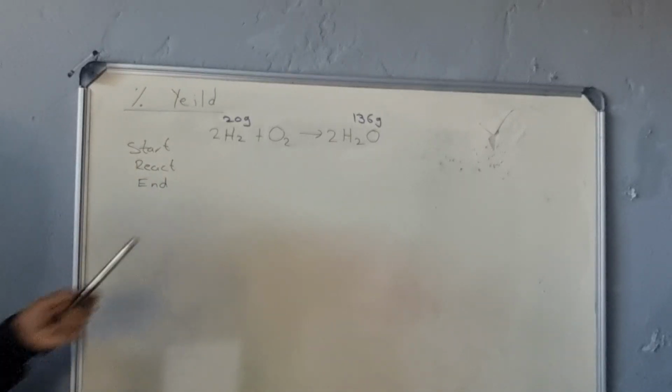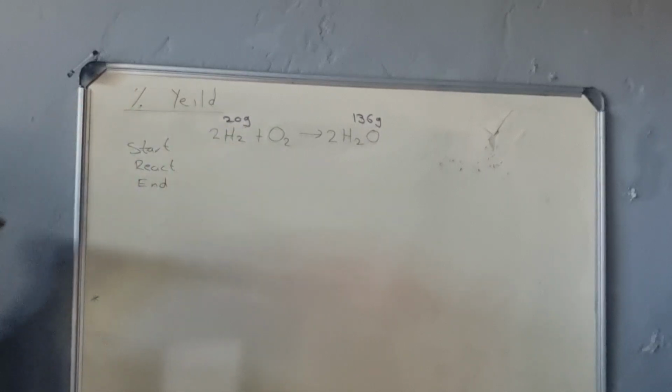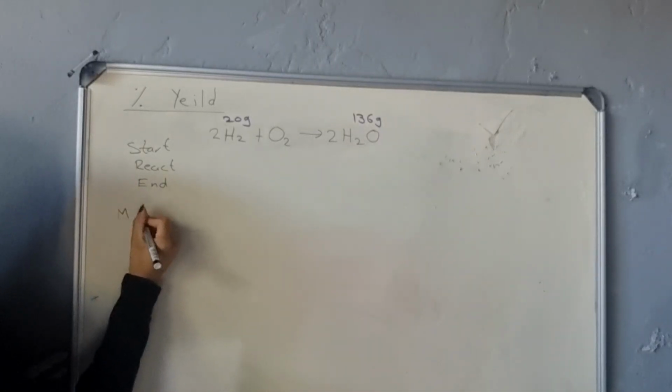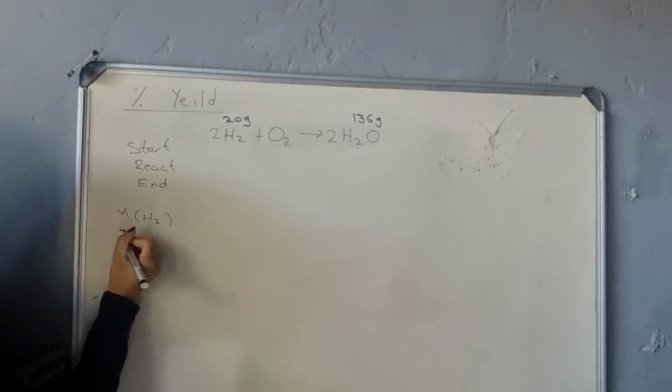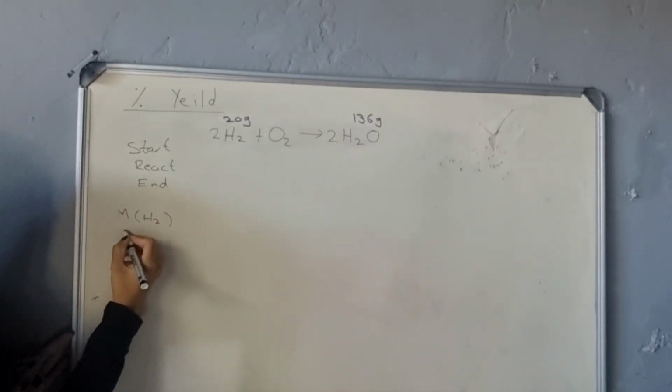So we can find the number of moles because they've given us the mass. We can easily find the molar mass and then the number of moles. Let's work out the molar mass of H2 first. You'd look on the periodic table for the mass of hydrogen, and that's 1.